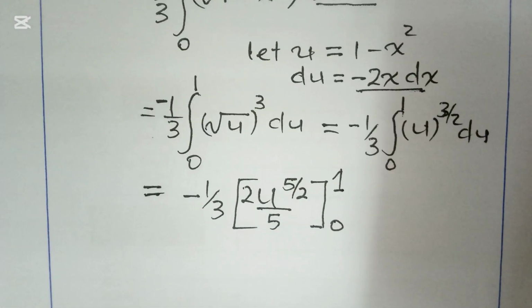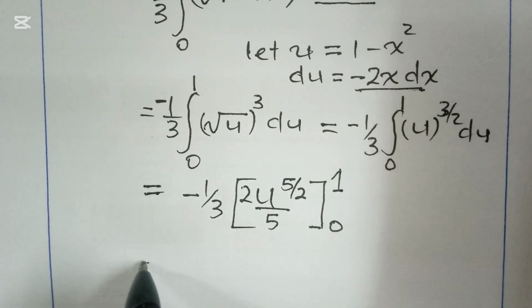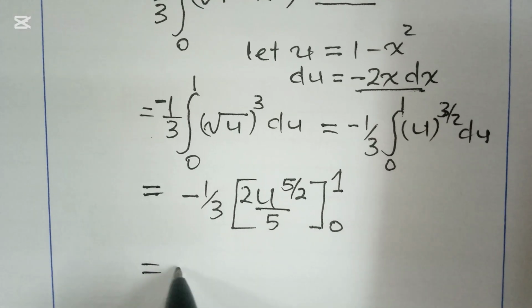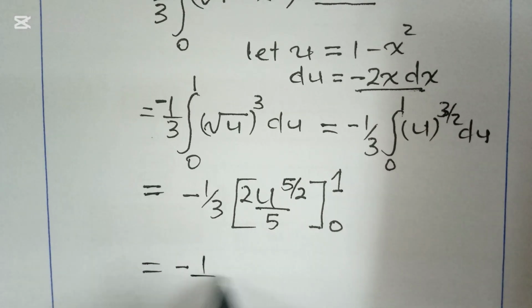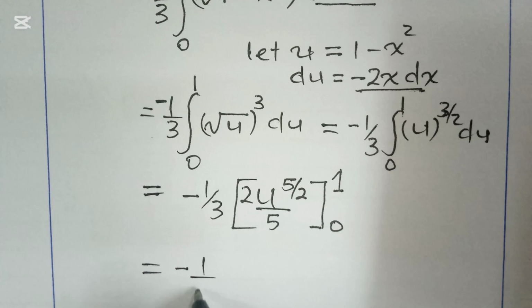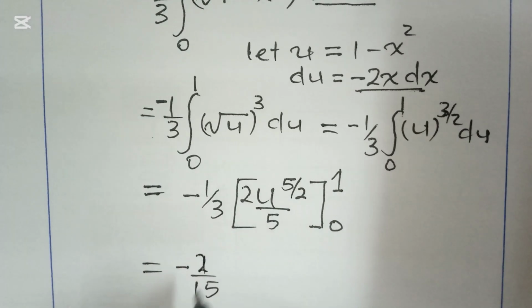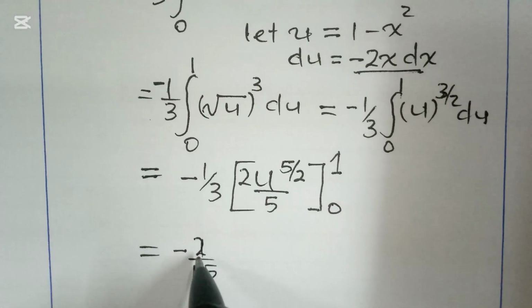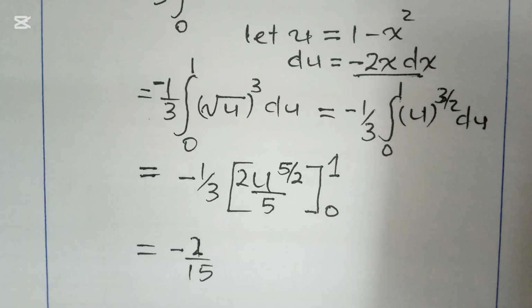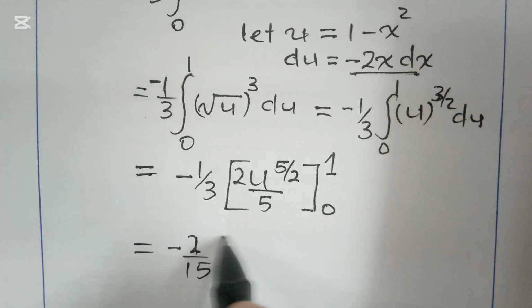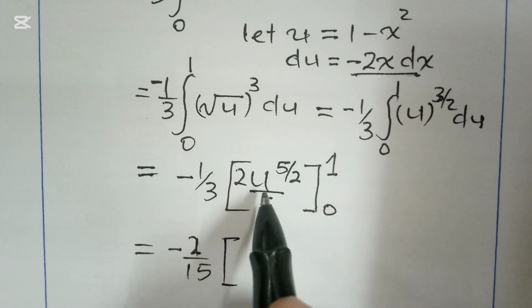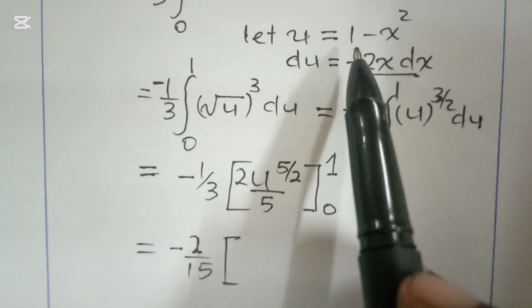Now we replace the figures that are required. So we can say negative 1 all over, we can remove this one, 15. We can also remove this 2, so we have 2 all over 15. Now we return our u to our former status, which is 1 minus x squared.